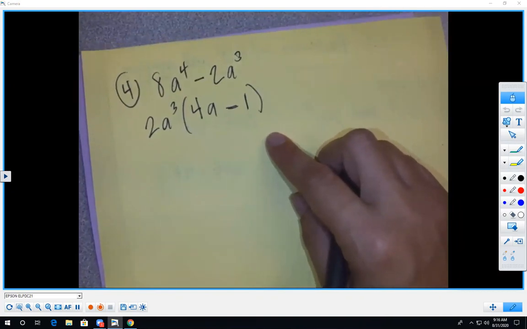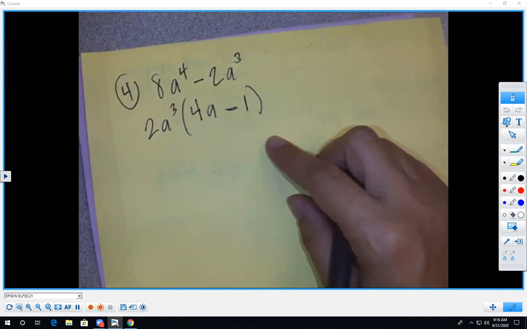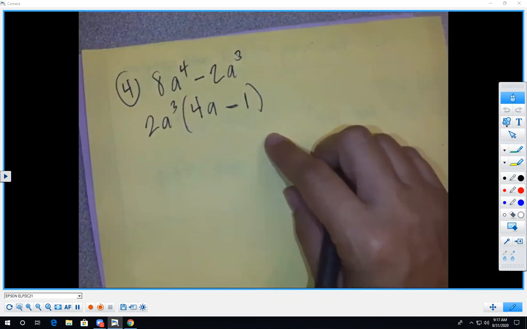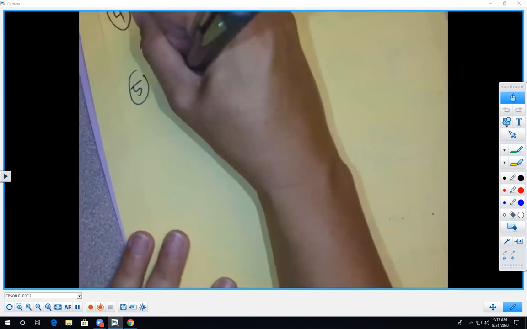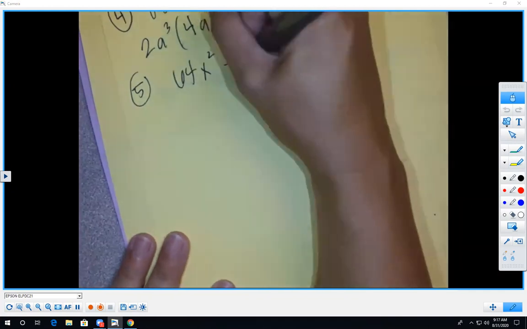Questions about that? Okay, let's do one last one, and then we're going to move on to the next set of stuff. If I had 64x squared minus 8y.